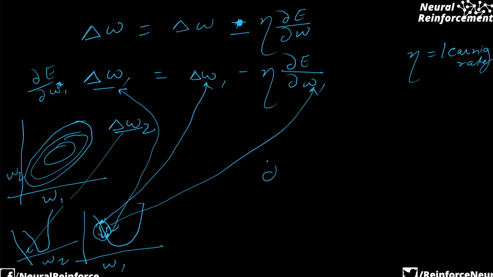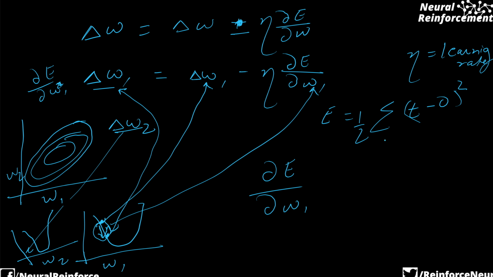Now if we have to do a delta E by delta W1, and our E, as we discovered earlier, was sigma of target minus your output, whole square, which we expanded to target minus, and we were assuming identity activation in this particular case, so it became W1 x1 plus W2 x2, whole square.